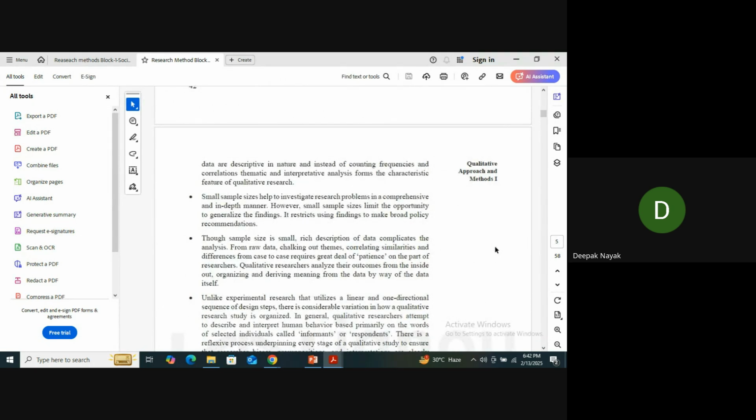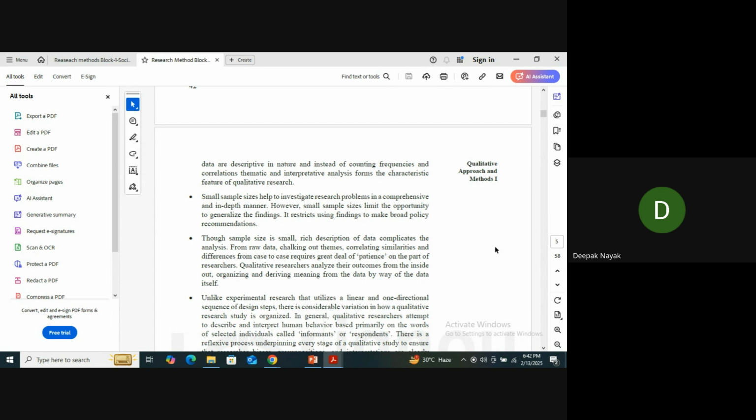And under qualitative study, you cannot take large samples like you take in quantitative study. You have to take small samples, like a few villages. One village also can be a study, or a few villages, few schools, or a single community.